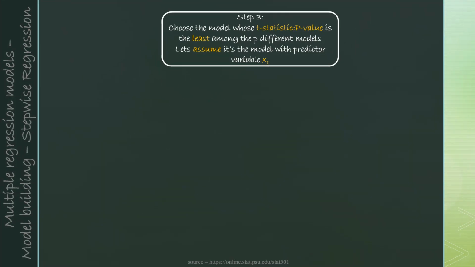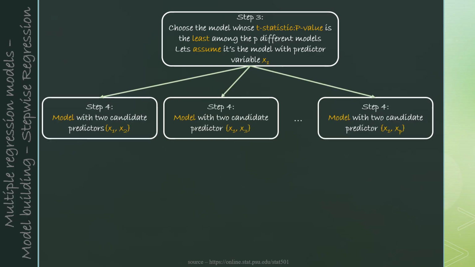Step 3. Choose the model whose t statistic p-value is the least among the p different models. Let's assume it's the model with the predictor variable x1. Step 4. Create p-1 different models by adding one candidate predictor each from the remaining p-1 predictors to the model arrived at in step 3, and calculate the t statistic and p-values for the candidate variables in each of the p-1 models.